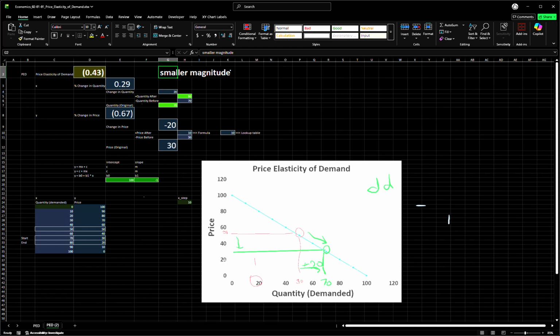So when it gets cheaper and cheaper, more of the good is demanded, but the impact is smaller because the percentage increment becomes smaller. How much more of it are you going to buy?